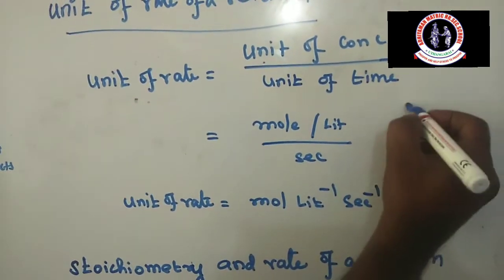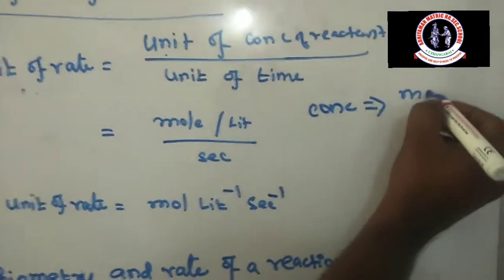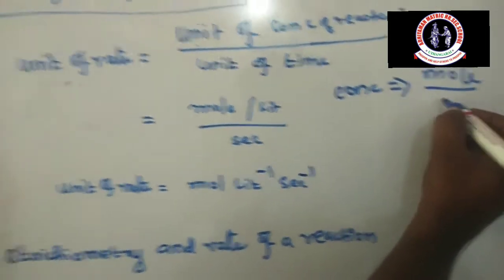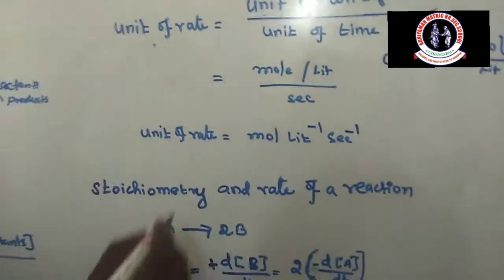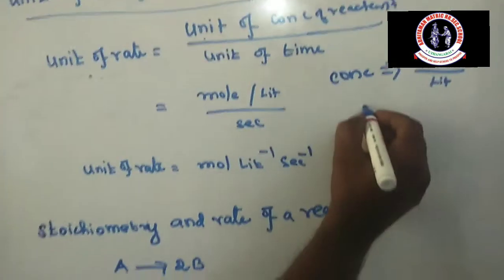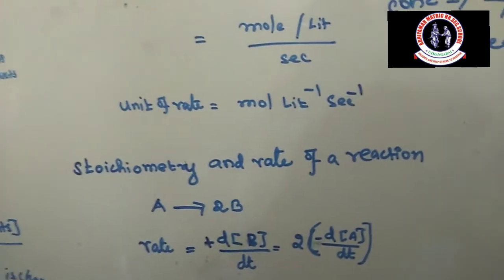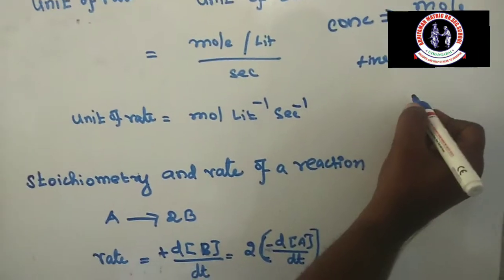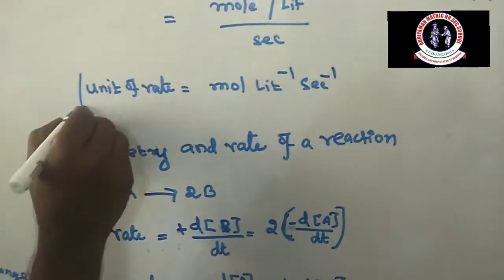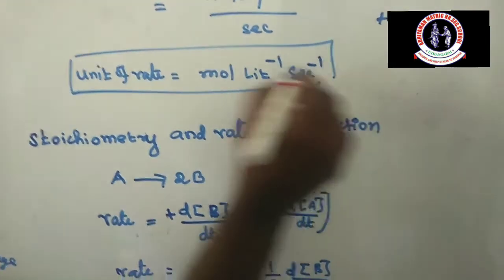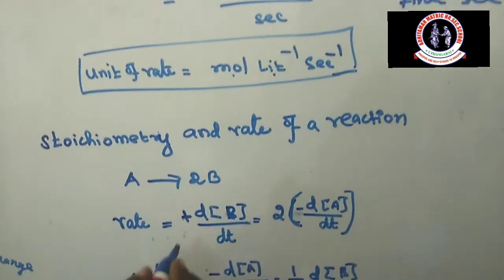We already know that concentration can be measured as number of moles per liter. The unit for time is seconds, or minutes, hours, days, years. So the unit of rate is moles per liter, inverse second.